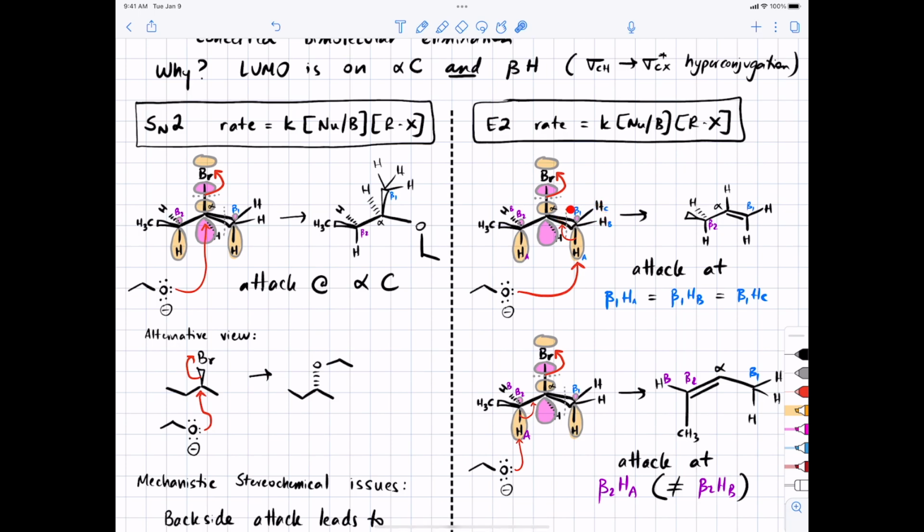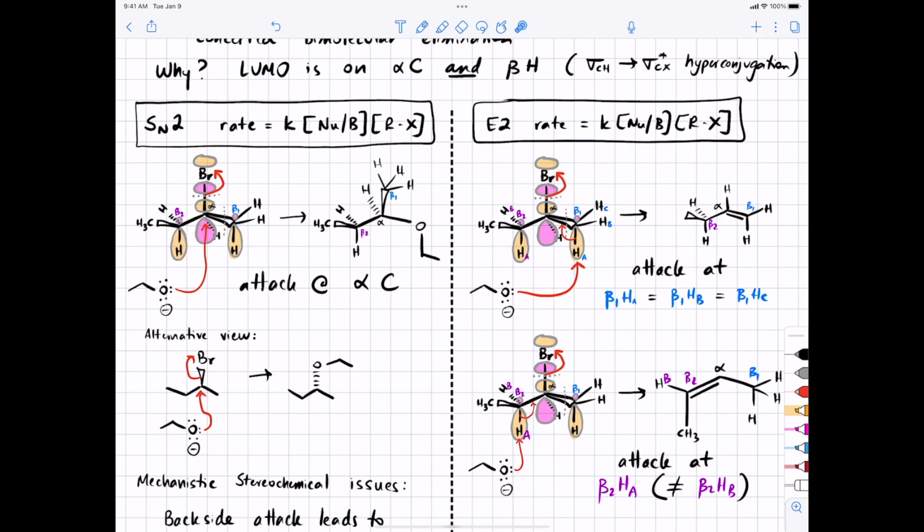Of course, we're allowed to rotate around carbon-carbon bonds, and we'll see in just a second how that influences the kind of products we can get. So if our nucleophile attacks proton A on beta carbon 1, we get the following product. We remove beta proton 1, electrons from that carbon-hydrogen bond kick down to form a new pi bond between alpha and beta 1.